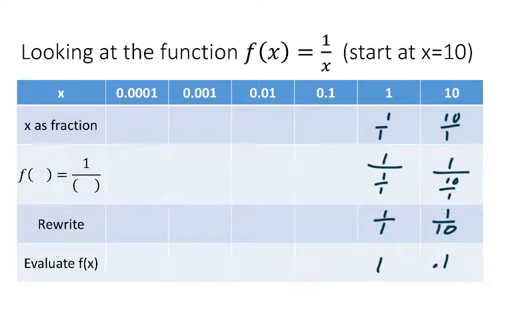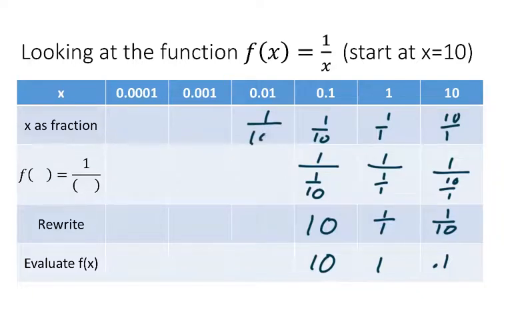Now, when we actually get to the fractions, like this is a 1/10, I'm going to have 1 divided by 1/10, which means rewriting with the cookies, the actual amount is 10. So this fraction, 1/100th, is really 1 over 100. So I'm going to input the 1 over 100 into my function.